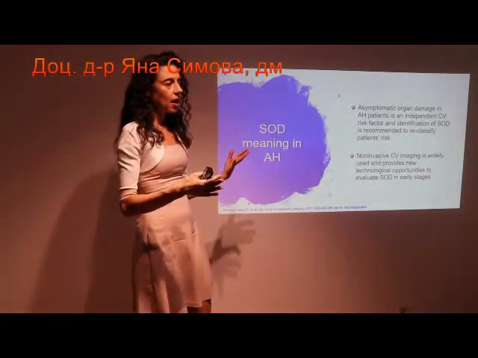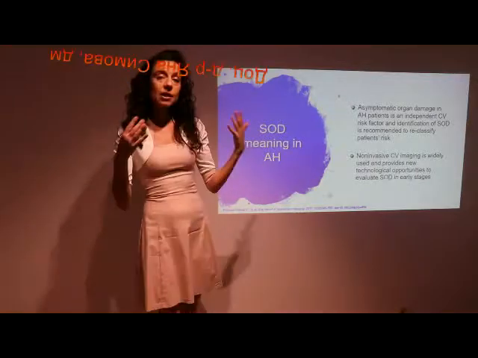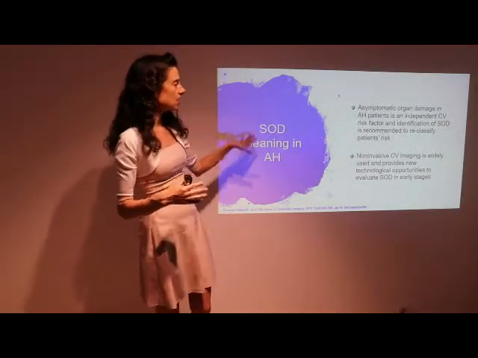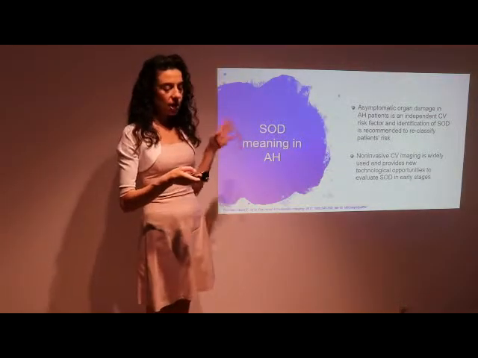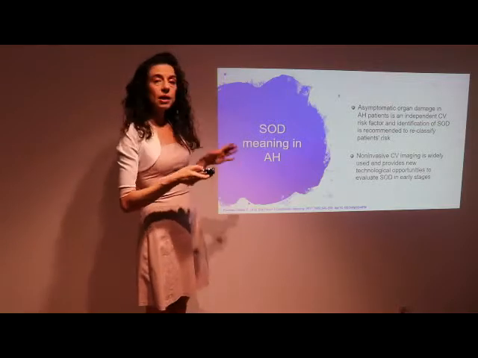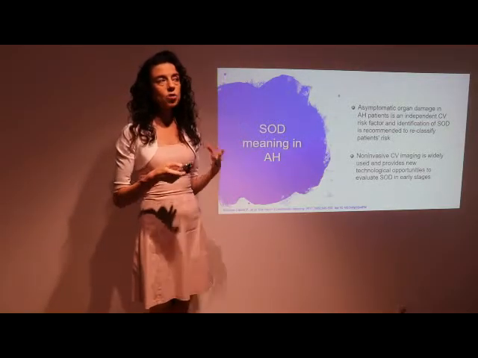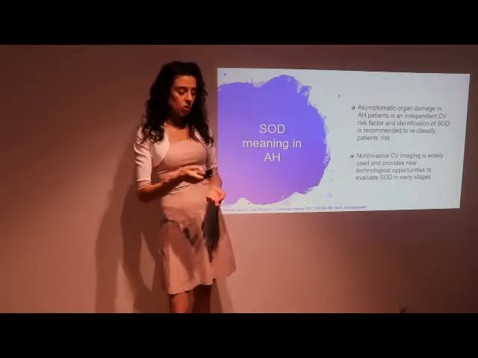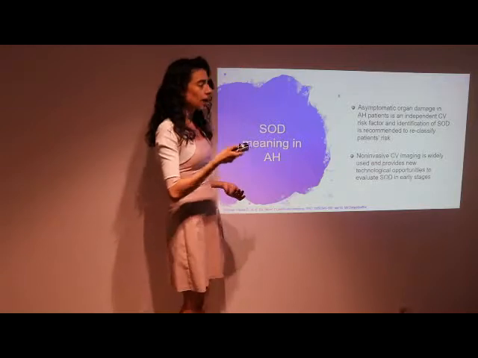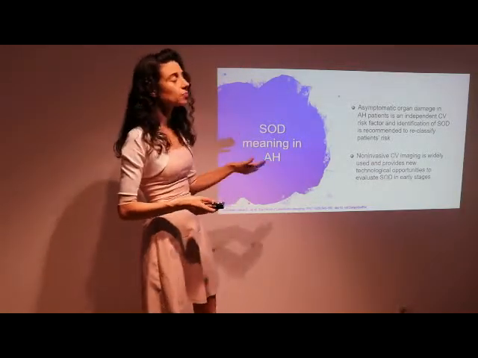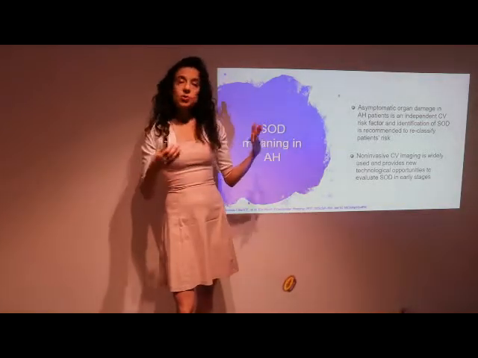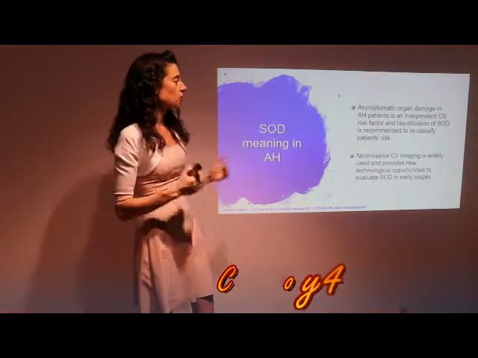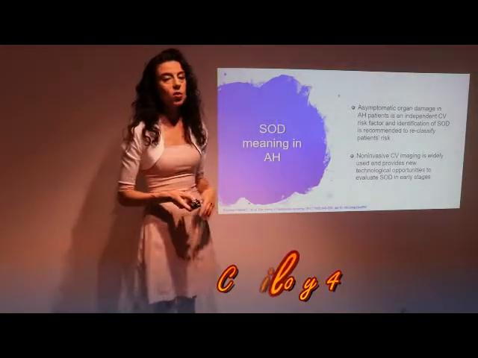As is said also in the title, you could guess that the main focus would be on subclinical target organ damage, because the authors stress that this asymptomatic organ damage is an independent cardiovascular risk factor and should be searched for and identified in every patient with hypertension in order to reclassify the patient's risk. Also, here in this document, it is stressed that non-invasive imaging tests are very well suited for the purpose of evaluating subclinical organ damage.